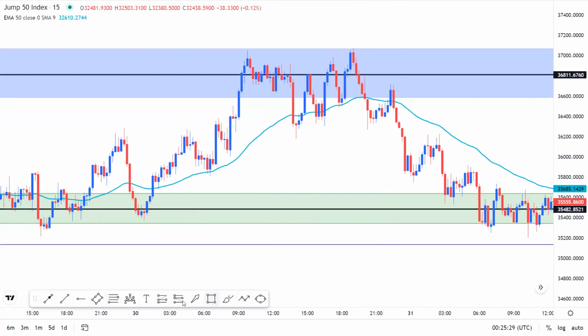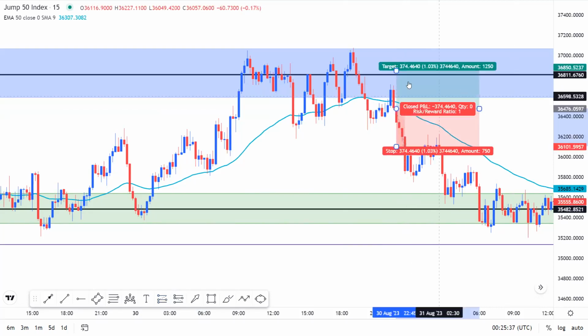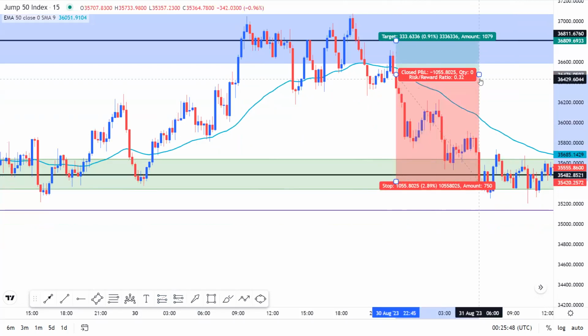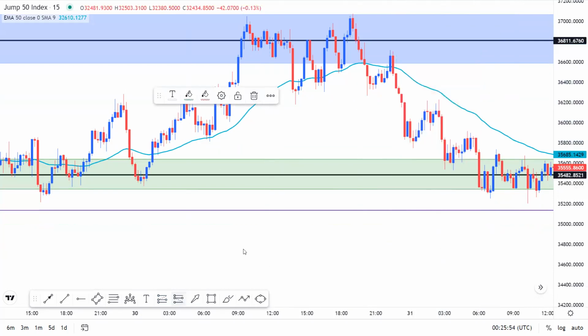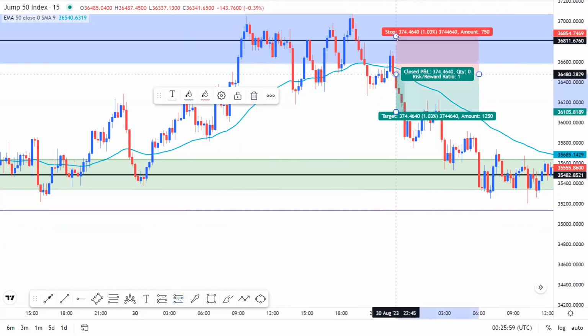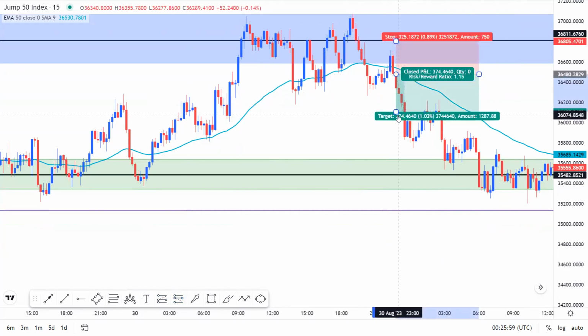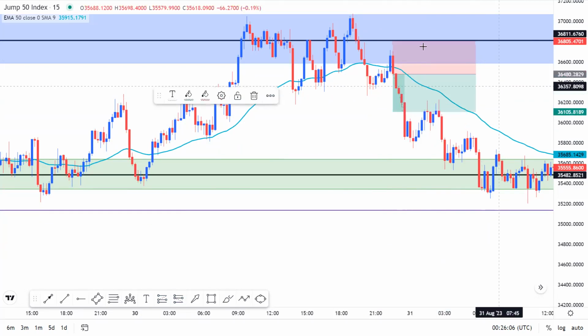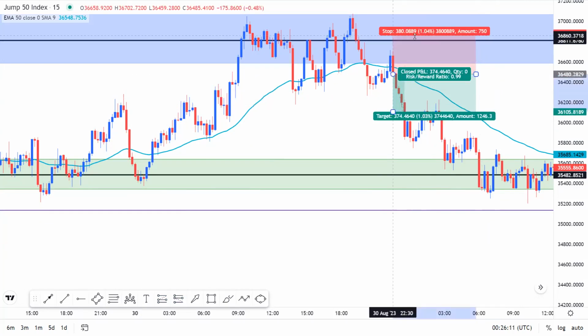This was where I had my first entry confirmation for a sell at the potential lower high. Entry for sell at the bearish engulfing candlestick close, 15 minutes time frame.